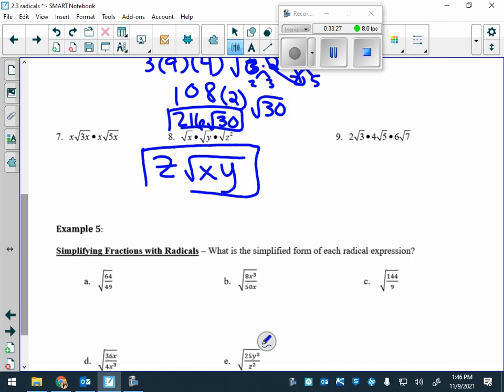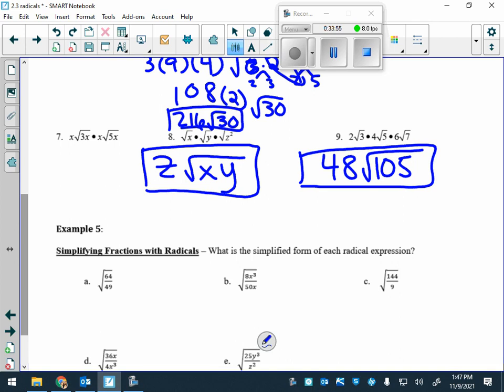Z, because the square root of Z squared is Z, with X square root of XY inside. Spring, what do you have for 9? Then you would be absolutely correct. I thought something was missing, I'm looking at it and I'm missing this number there. Good job. So 48 root 105. You had the 105, so I knew something there was missing. Number 9 was 48 root 105.